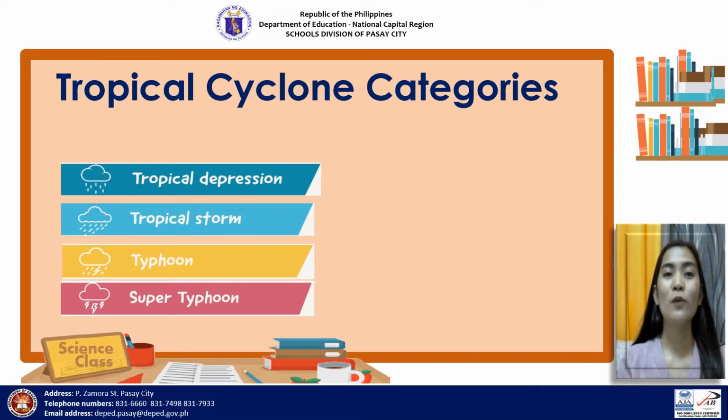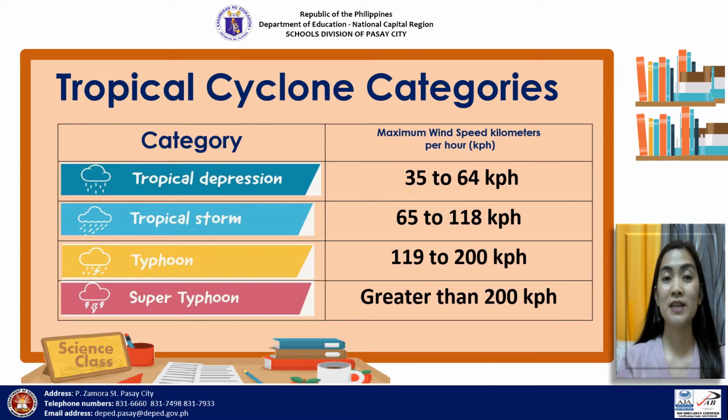And now, what are the different categories of tropical cyclones in our country? First category, we have what we call the tropical depression with a maximum wind speed of 35 to 64 km per hour. Second category is a tropical storm with a maximum wind speed of 65 to 118 km per hour.